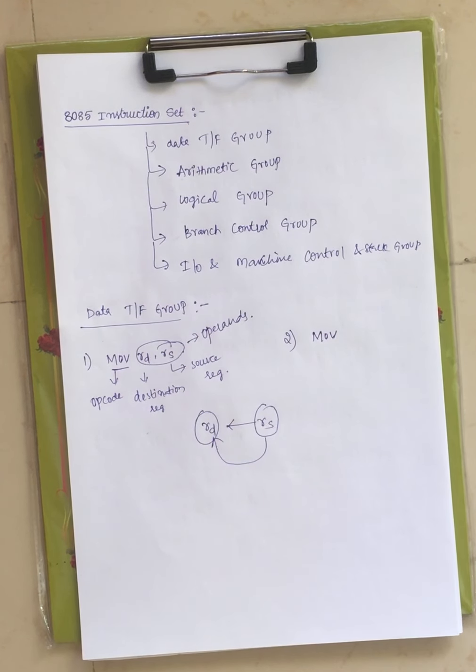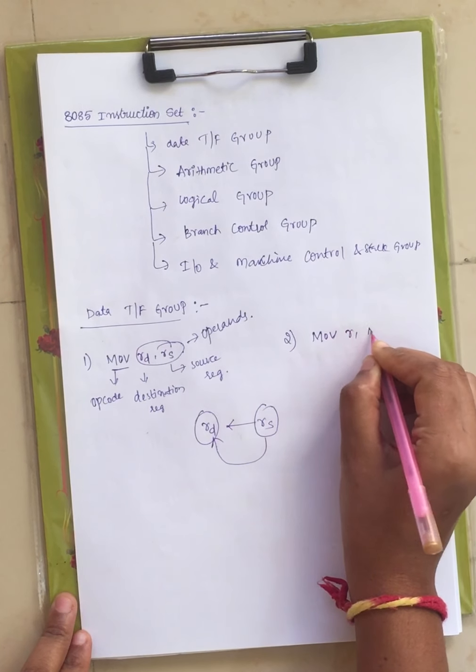The opcode is nothing but the instruction, and Rd comma Rs may be registers, or memory and register, or memory and accumulator. All these are possibilities, and those we call operands, right? The first instruction we have seen is MOV Rd comma Rs, which indicates you are moving the contents of the source register to the destination register, that is Rd. And next we have MOV R comma M.